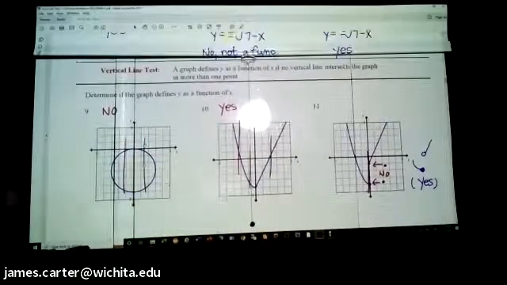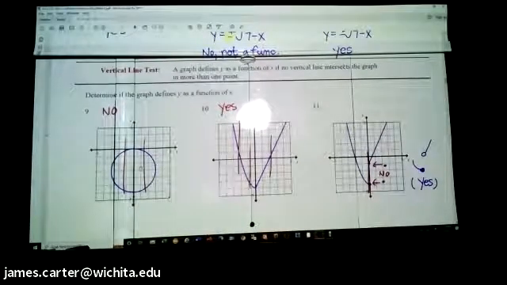Okay, the vertical line test, I've been talking about it all along. Here, we got 2 values for the same x, 2 y's for the same x, so no. Here, only 1 y for each x.